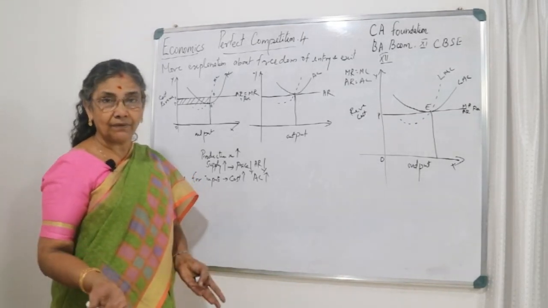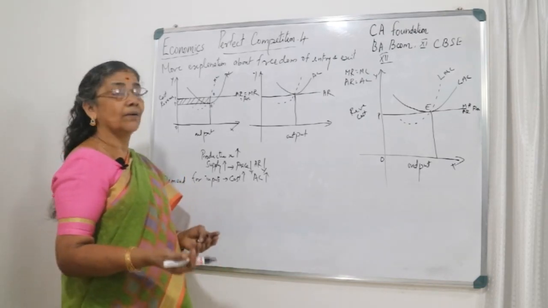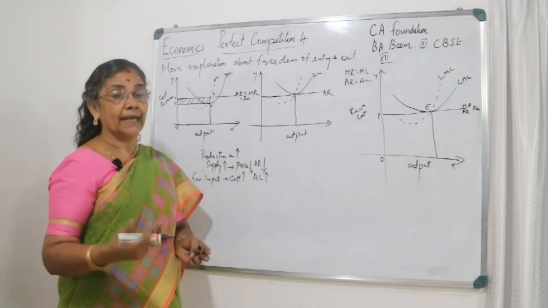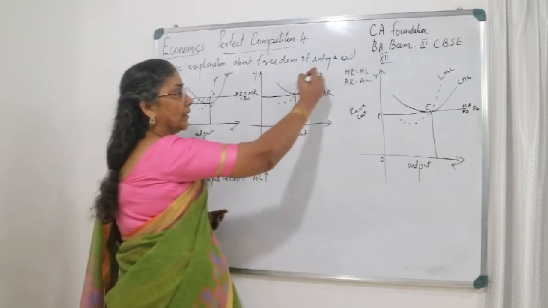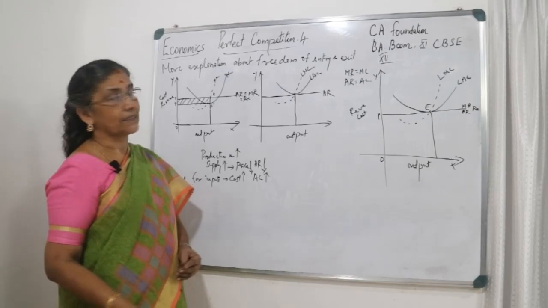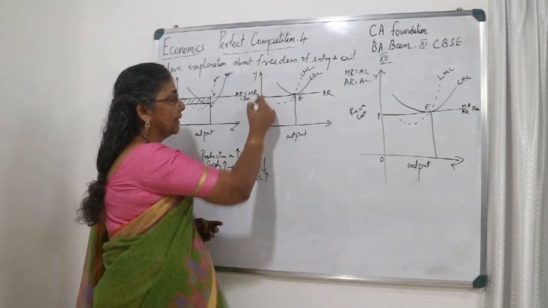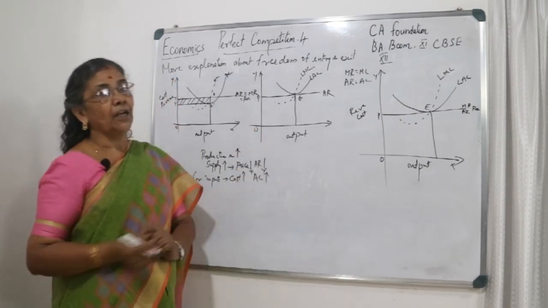In the short run also there is a possibility. Why are we talking about the long run? In the long run, the fixed cost will also change like the variable cost. So in the long run, the long run average cost curve and long run marginal cost curve will touch each other and they will make only normal profit.